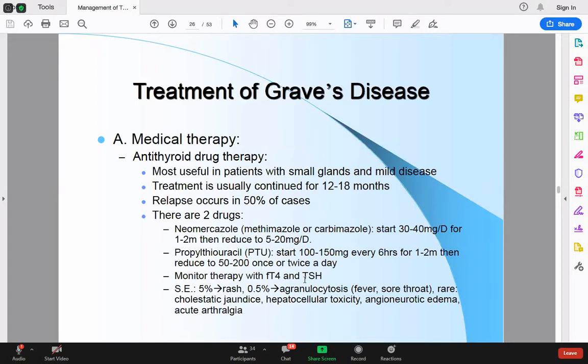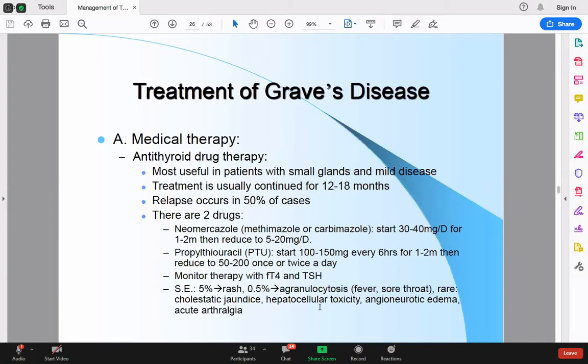And we monitor the TSH and the free T4, but it will take time, especially for the TSH, to be normalized. What are the side effects of both PTU and methimazole? Notice the agranulocytosis, okay, which is basically abnormality or inability to produce white blood cells.